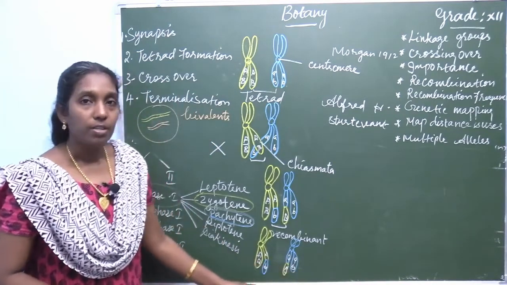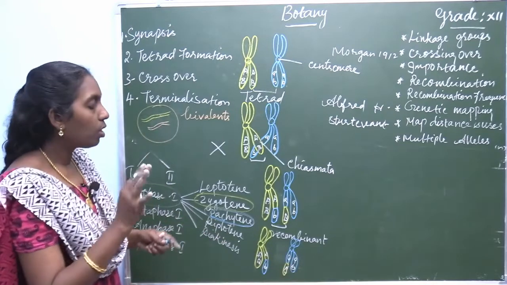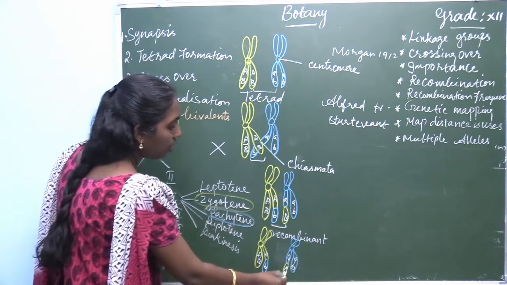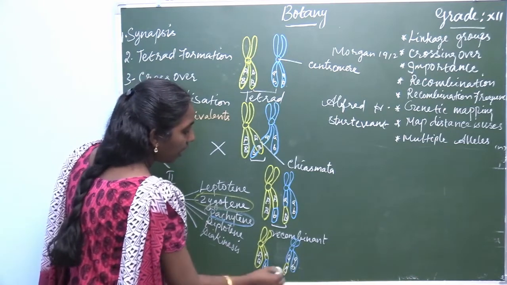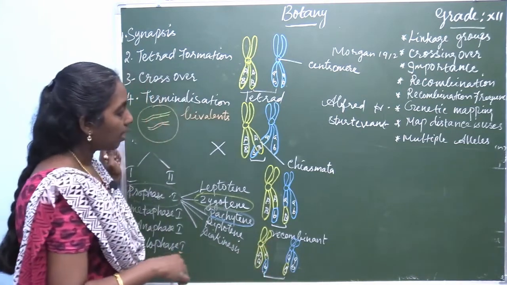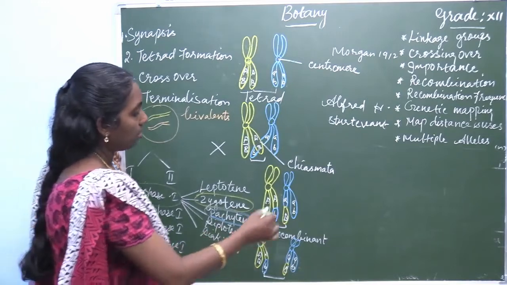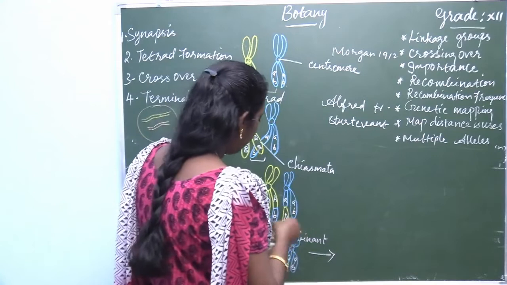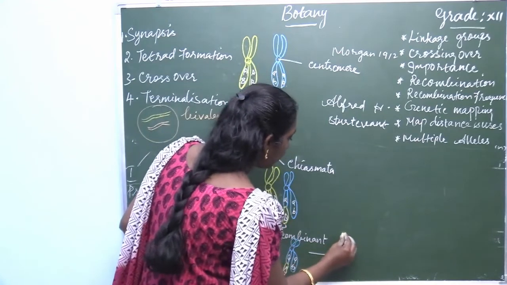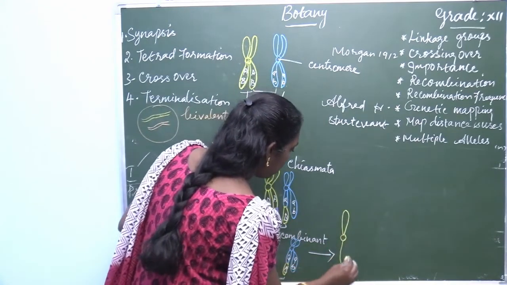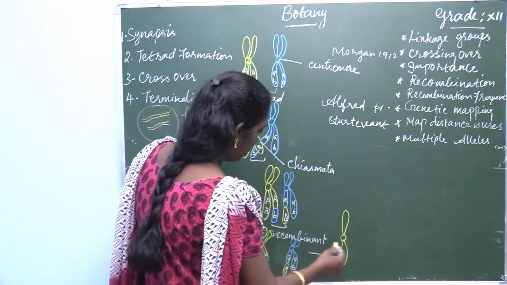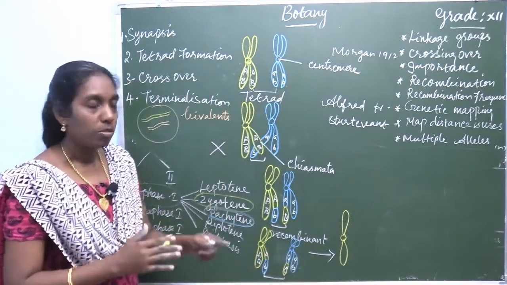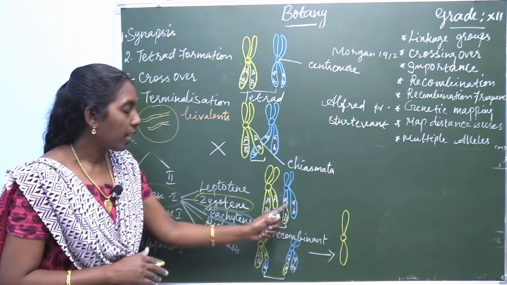As a result, it produces four different genes. Two are recombinant genes and two resemble the parent.